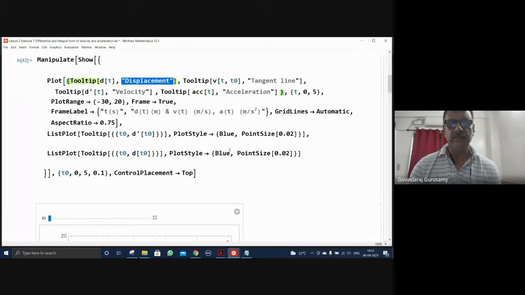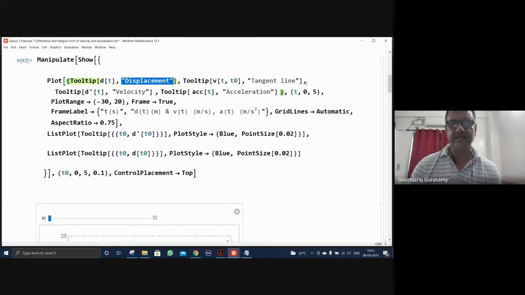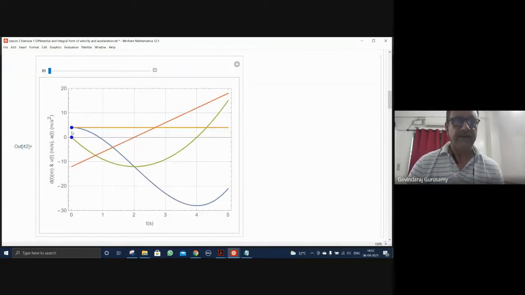Next is tooltip v of t comma t0, where t0 is varying here on the outside and t is varying here. Okay, this is the tangent line. At every point of this blue curve I am locating the tangent, and the corresponding magnitude has been evaluated. That magnitude is going to be this curve.